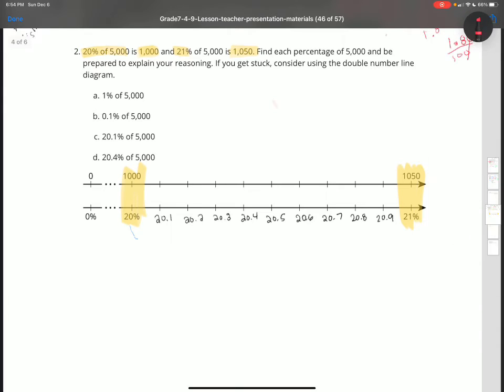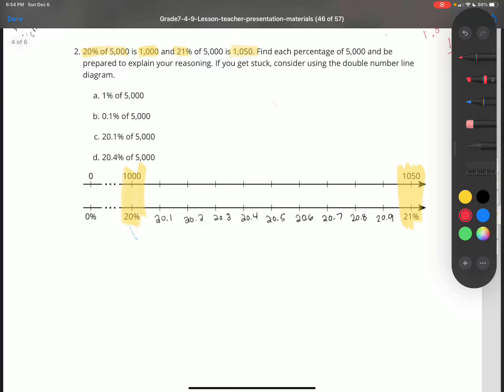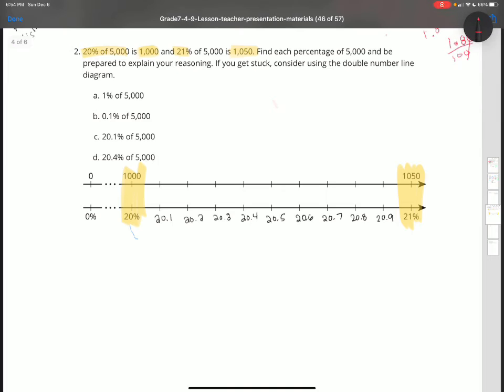So here we go. I'm going to start off subtracting, and I'm going to double check my answers with you guys to check my theory. So I have 21%, which is 1,050 minus 1,000, which would give me 50. So 1% is actually 50.